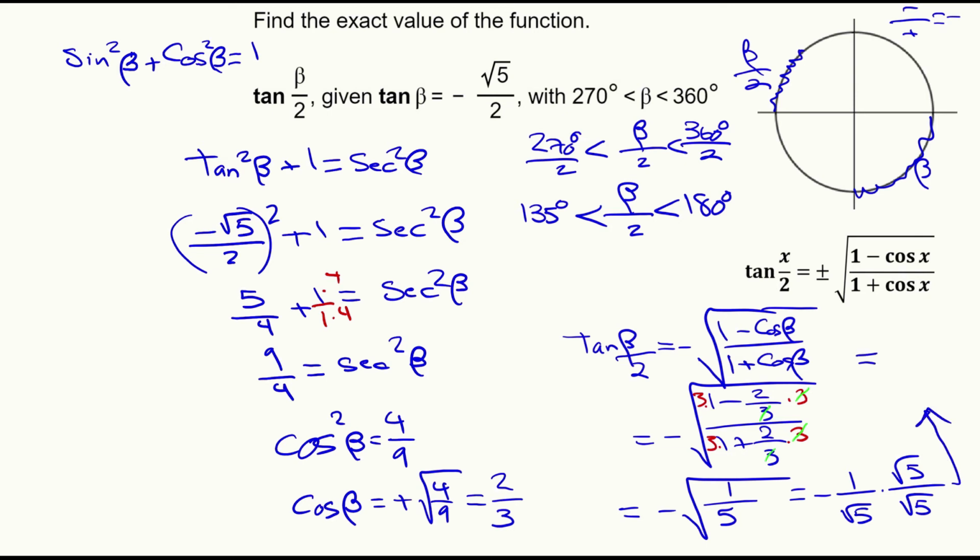Finally we end up with the final answer: tangent of beta over 2 equals negative radical 5 over 5, given that radical 5 times radical 5 is just 5. So there's another excellent problem for you to practice. Make sure that you do this on your own if you haven't done so already before we proceed.